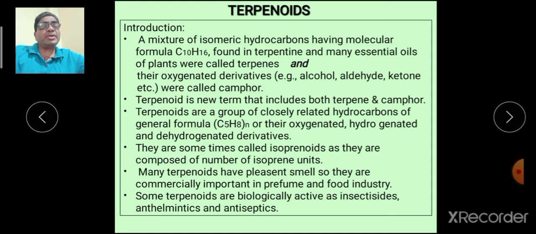Now, many terpenoids have a pleasant smell and therefore they are commercially important in the perfume industry and in the food industry, that is essence. Some terpenoids are biologically active as insecticides, antiseptics and anthelmintics, that is they are used for biological purposes.